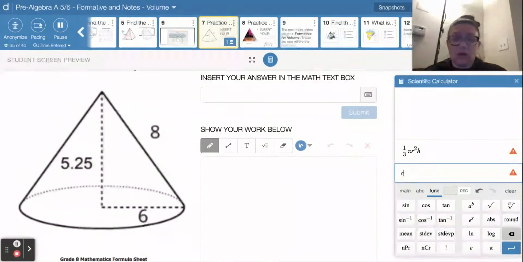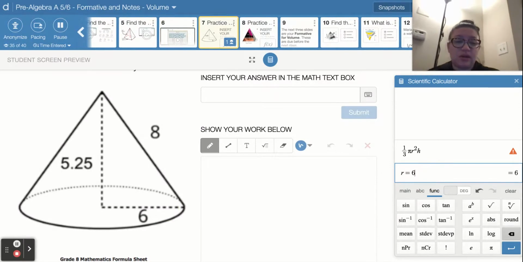R, though, R is part of my cone. Like we talked about last class, the R is the radius. So the radius is halfway across the circle. This picture shows the radius as being 6 because it goes halfway across the circle.